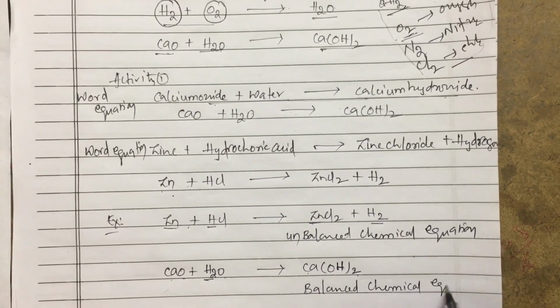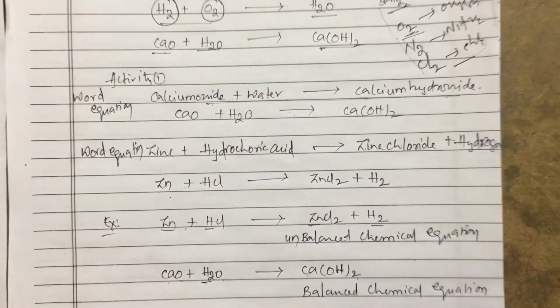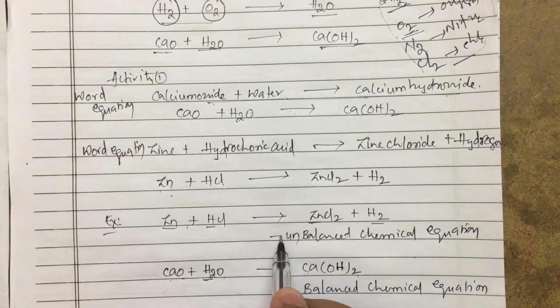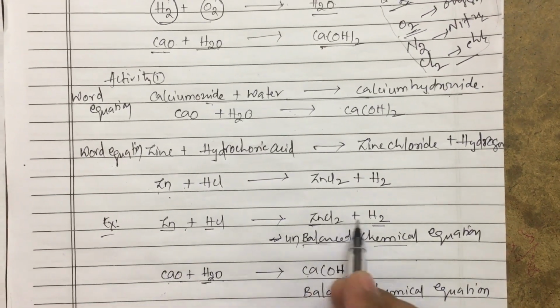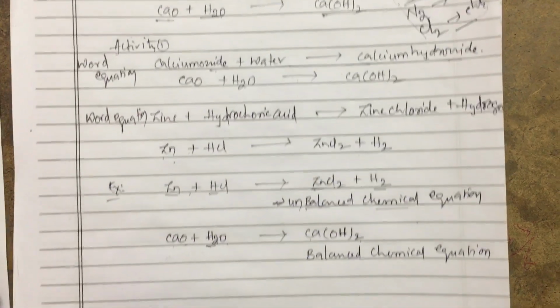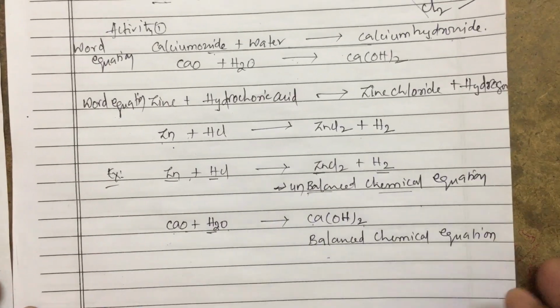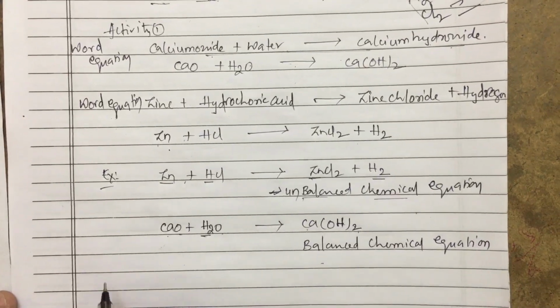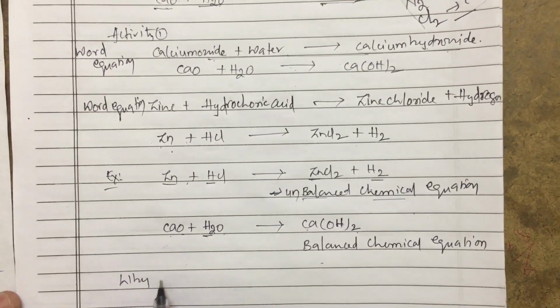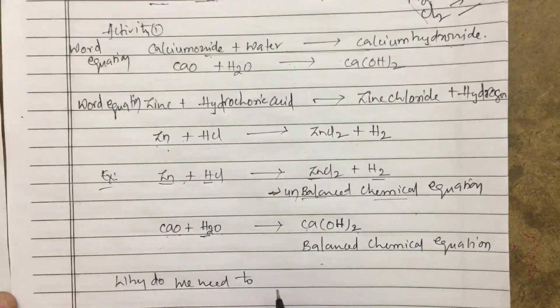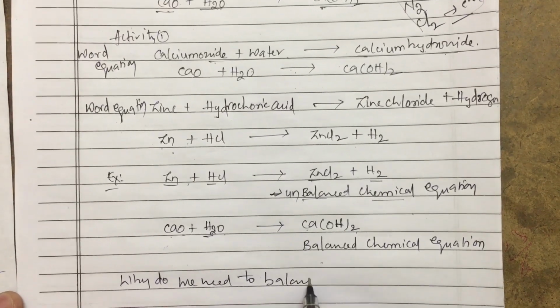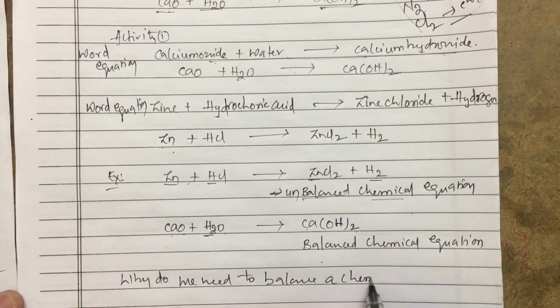Class, remember that if a chemical equation is unbalanced, if the number of atoms is not the same on both sides, we should balance the chemical equation. Why do we need to balance a chemical equation?